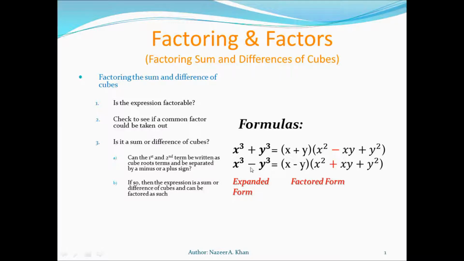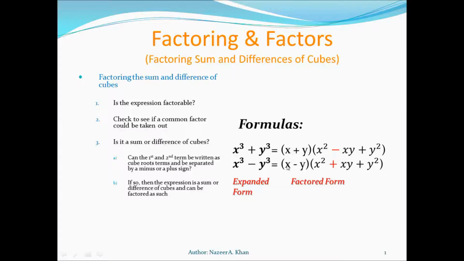Let's go and do the difference of cubes now. Again, the same procedure applies. I'm going to factor as a binomial and a trinomial. I'm going to take the cube root of the first term, place it in the first position of the binomial, take the cube root of the second term, place it in the second position of the binomial. I'm going to carry the sign. I'm going to work from the binomial to get to the trinomial.